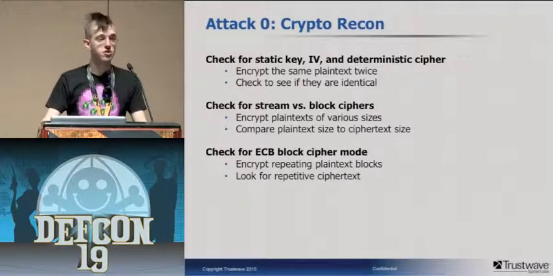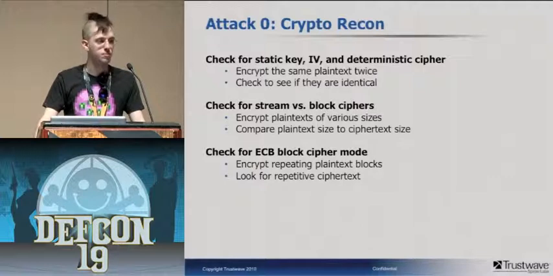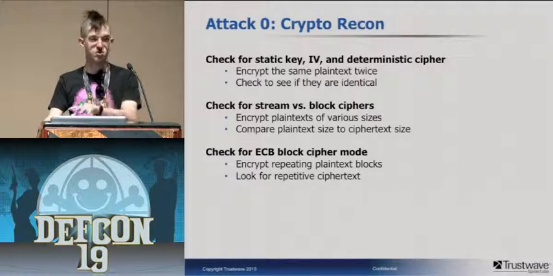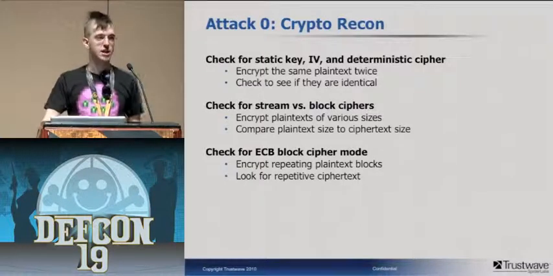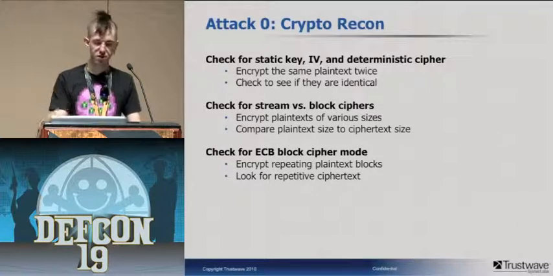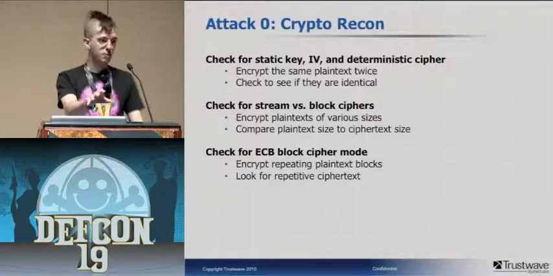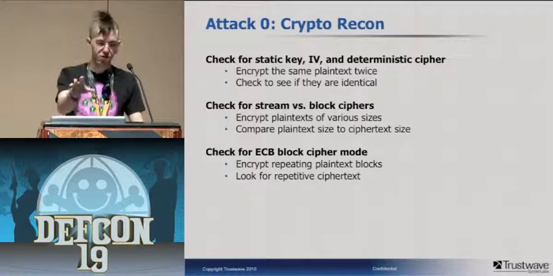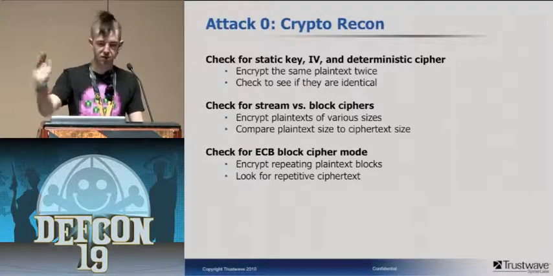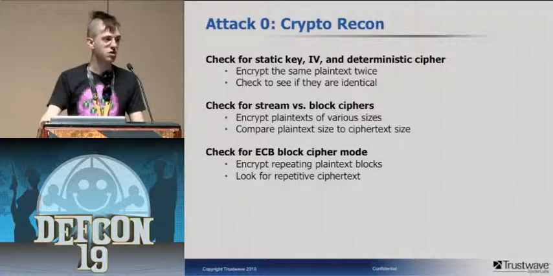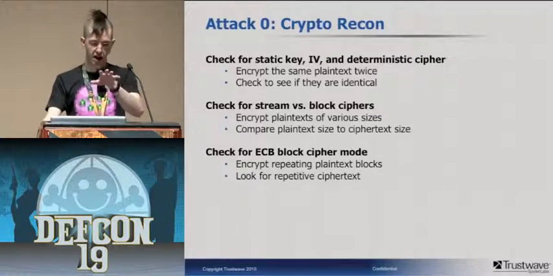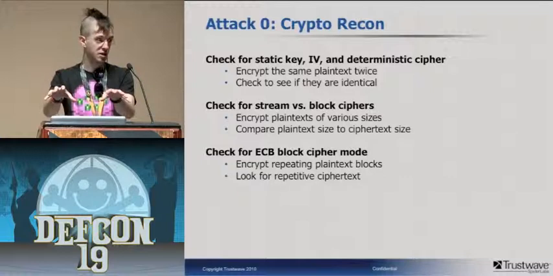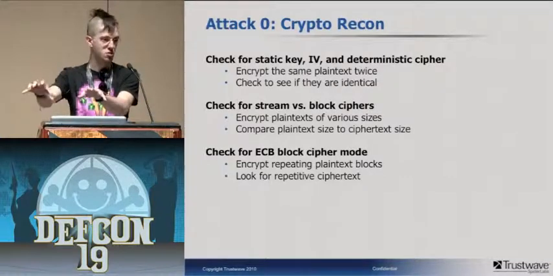You can also check for ECB block mode. This is a little bit different from CBC, which I described earlier, in that each block is independent of other blocks and is encrypted independently. So if you have repetitive plain text, like 8 uppercase A's, 8 uppercase B's, 8 uppercase A's, 8 uppercase B's, your ciphertext is going to have blocks 1 and 3 being identical and blocks 2 and 4 being identical.